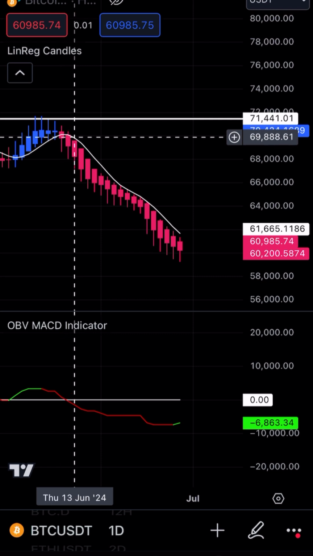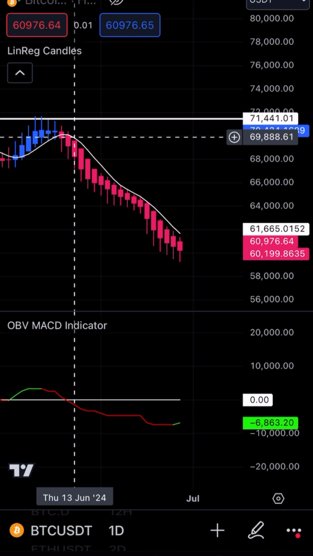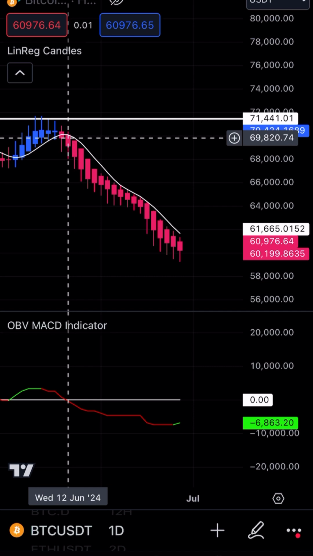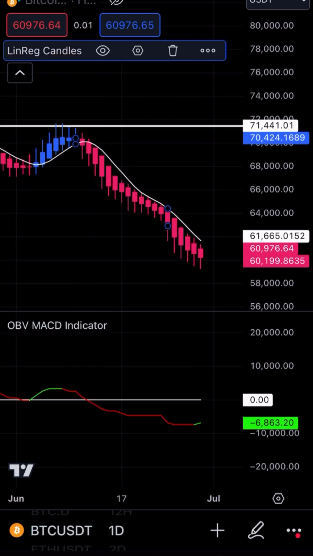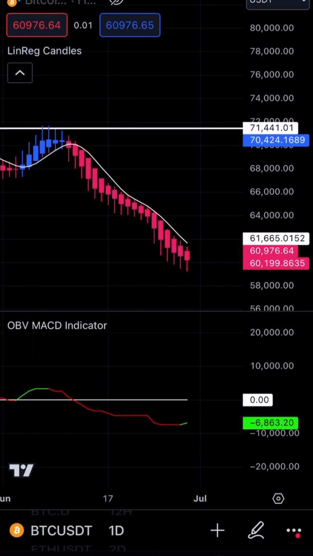If you're going down in a direction, you need to make sure that the candle is below the linear line, and you also need to check to see if the MACD indicator here is below the zero line. So if you're doing a call or a short, you want to make sure that it's crossing down, and you also want to make sure that your candles are crossing down from the linear line. That is your signal to get into the trade.